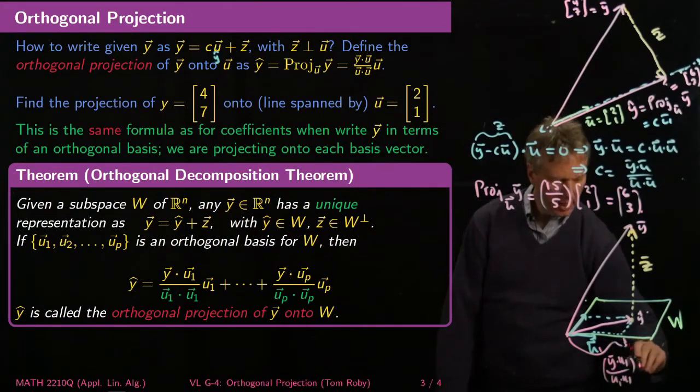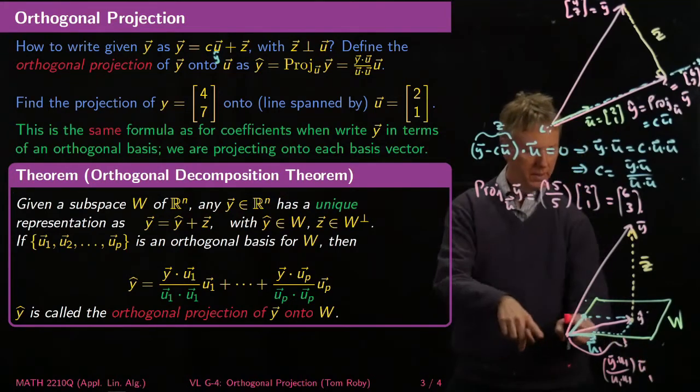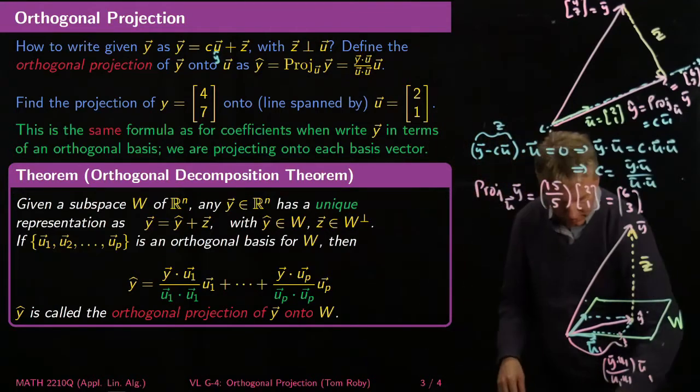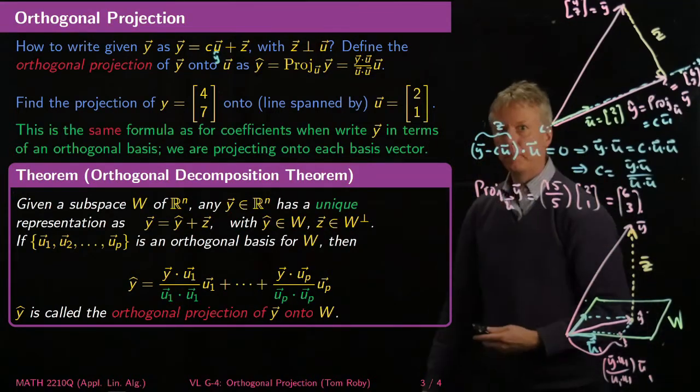This vector is this times u1. That's that length. And then the other length would be the same thing with a u2.